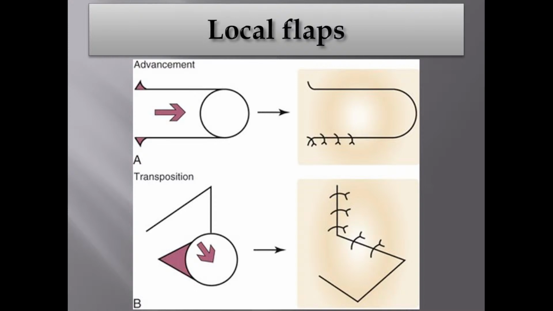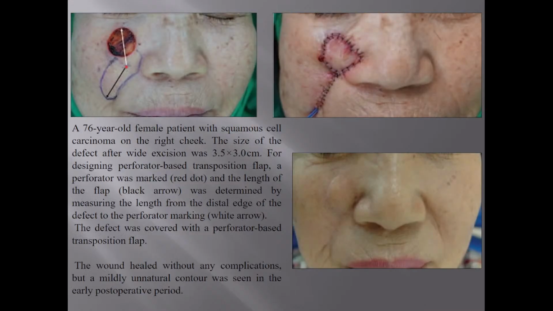And let's see this scheme. It may not be so understandable, but then I'll show you photos of patients with these different types of flaps. According to the transposition flap, you can see that we have to make incisions at the recipient site or next to the site of the defect, and then we can transpose or sometimes rotate this flap in order to close the defect, and then we can suture all the lines we've made.